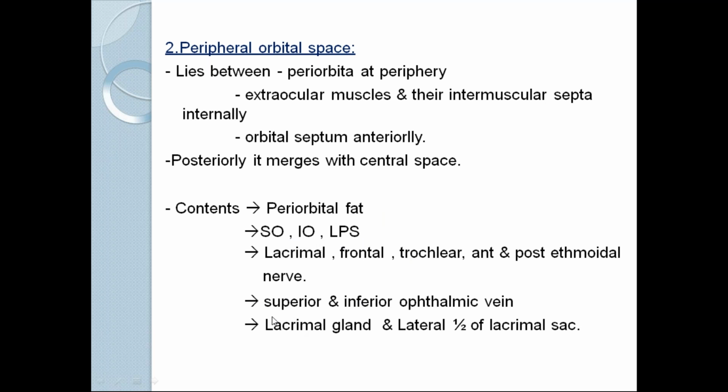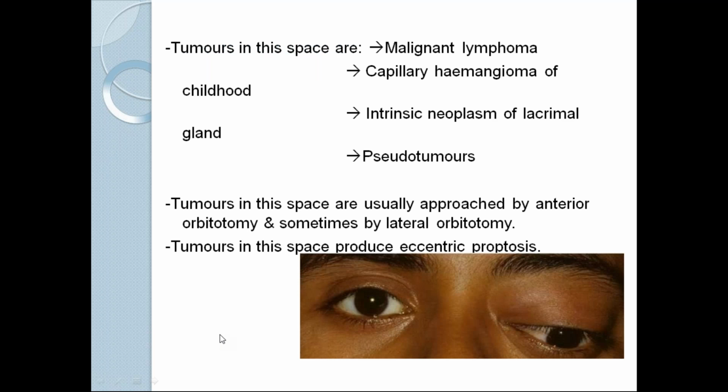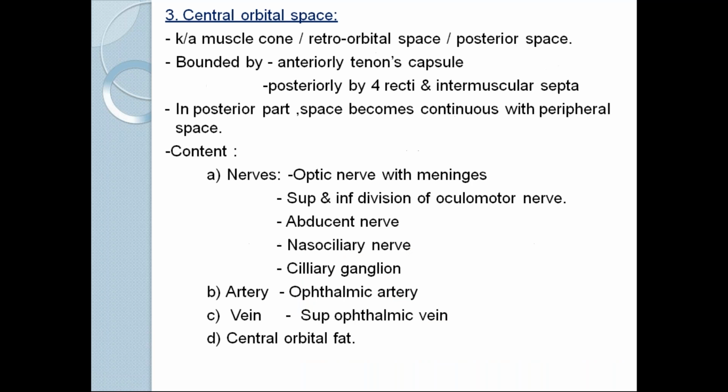Because the nerves are there, when you give anesthetic agent, they get paralyzed. Tumors that can occur in this space include pseudotumor, malignant lymphoma, and sometimes orbital mucormycosis.